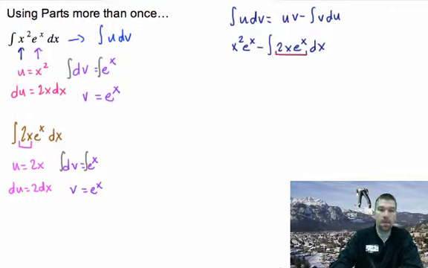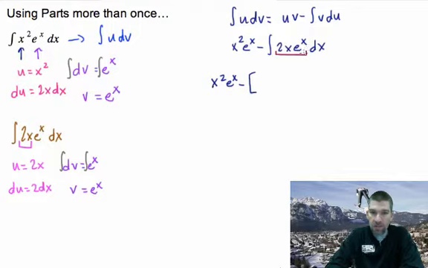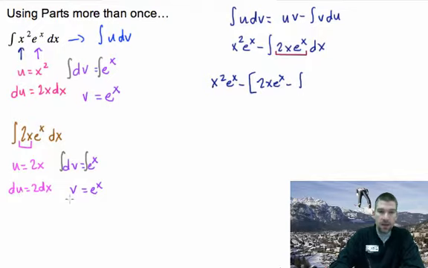And so back over here now, I'm going to have x squared e to the x minus, and then I integrate this guy following my integration by parts rule. So I've got a new u and v. So 2x e to the x minus the integral of v du.